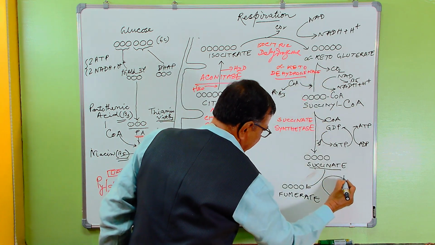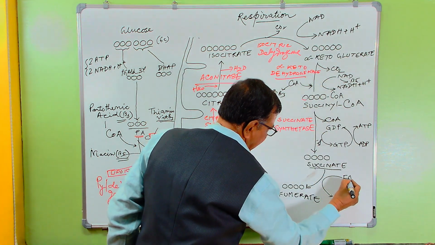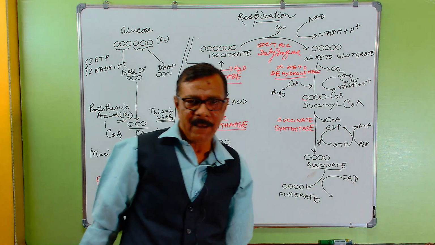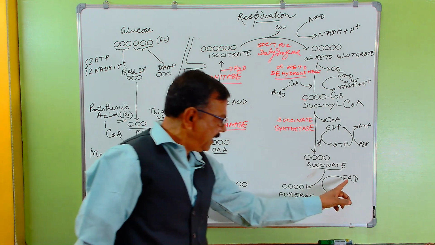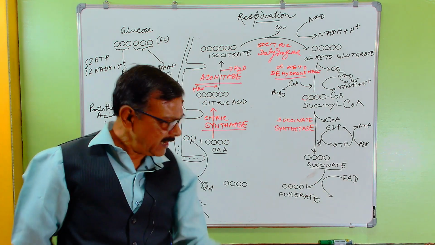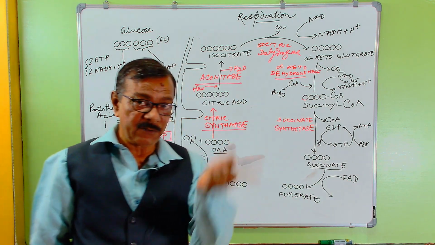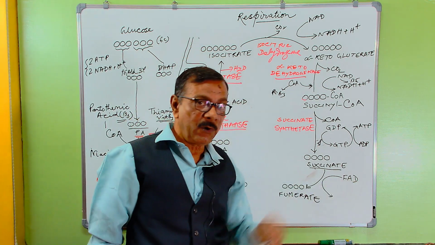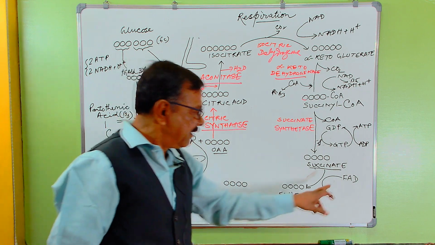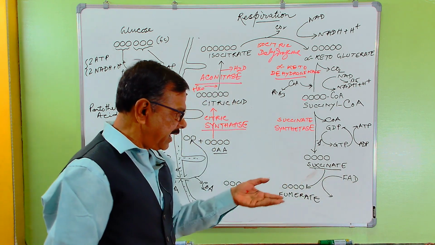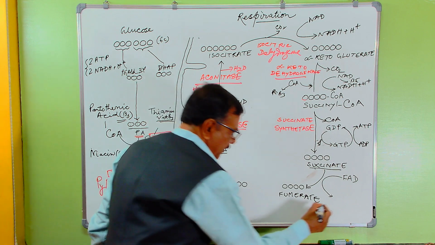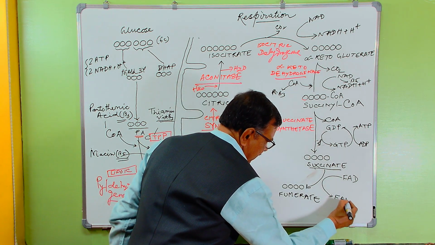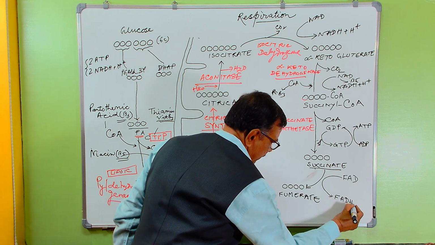FAD, flavin adenine dinucleotide, you have gone through in DNA. There are two nucleotides. Flavin adenine dinucleotide will be converted to FADH2.